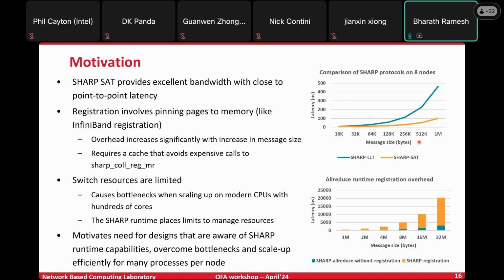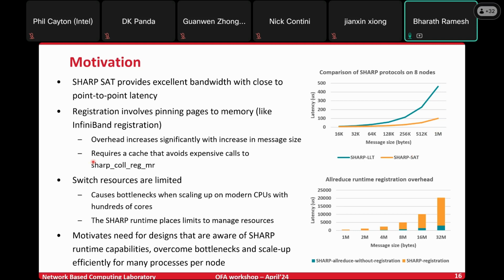When you increase the message size, you're bottlenecked, right? That leads to suboptimal network utilization. With streaming aggregation, Sharp does a ring-like algorithm which uses the bandwidth of the network really well. On the right-hand side, if you increase the message size, you see a pretty huge difference between the low latency tree and the streaming aggregation protocol.